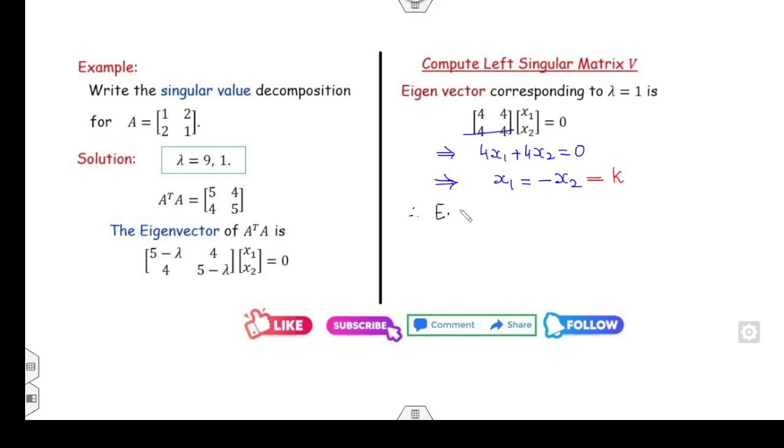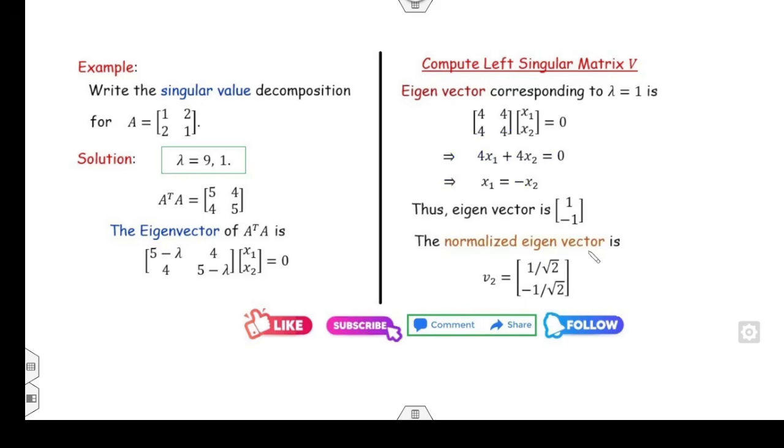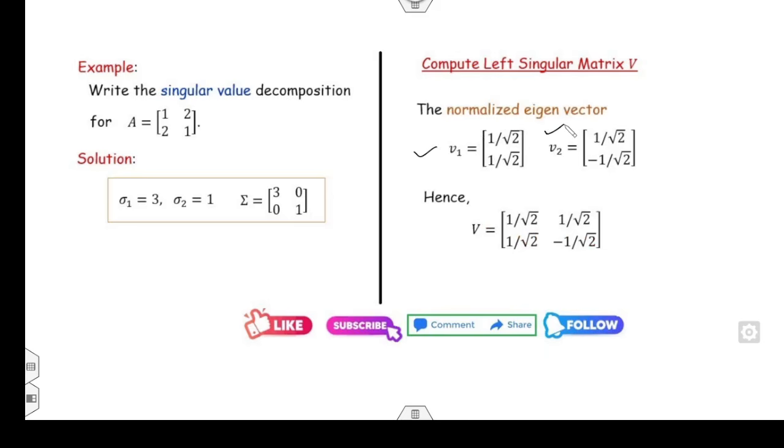Therefore, the eigenvector is x1 is k, x2 is minus k. You can choose any value of k, so better I choose k as 1, then this number is minus 1. Fine. So the normalized eigenvector I can get by dividing by the root of 1 square plus (-1) square, that is root 2. Hence, v1 and v2 you have computed.